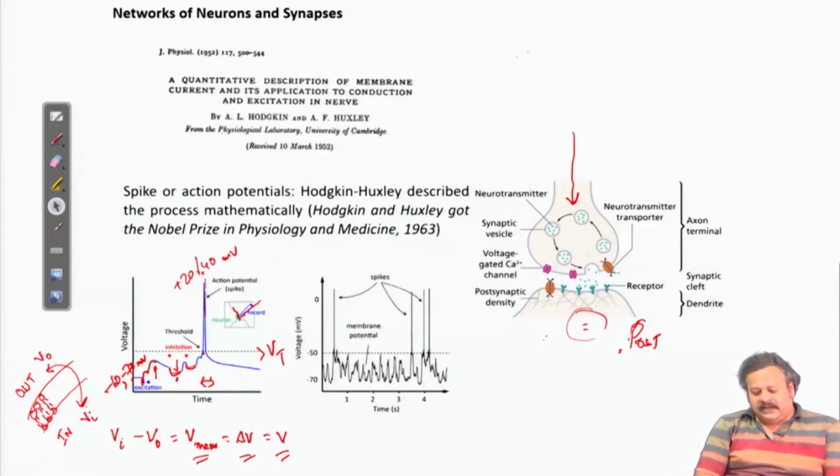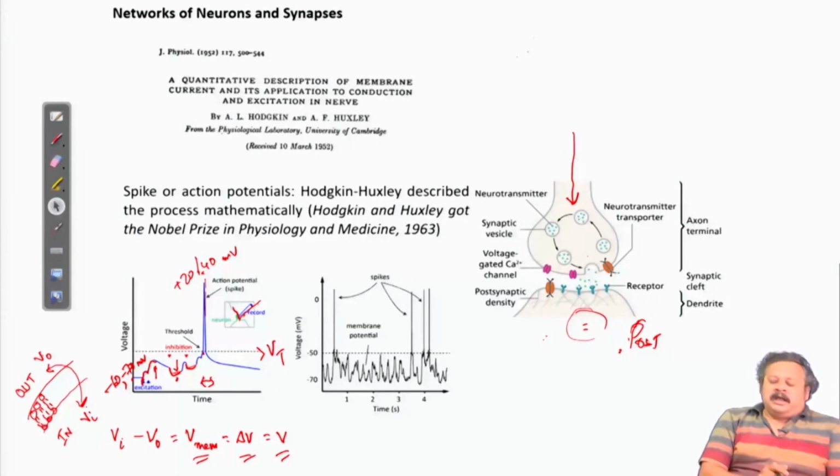at least in the central nervous system, which we will try to understand in terms of how these action potentials are generated quantitatively. We will also understand how the series of action potentials produced by a neuron actually carry information about the external world or the mental state or what have you.